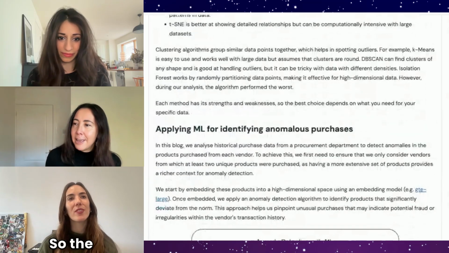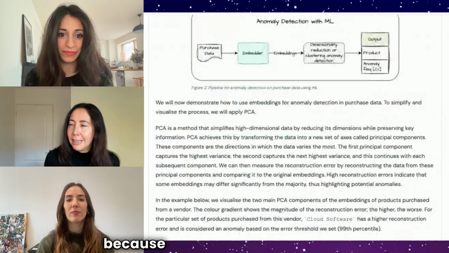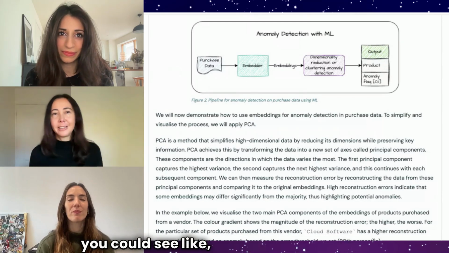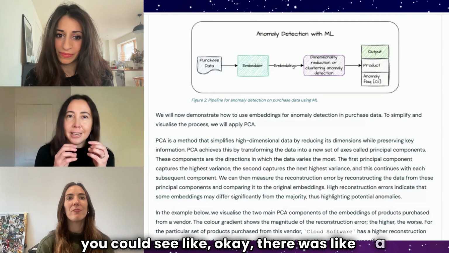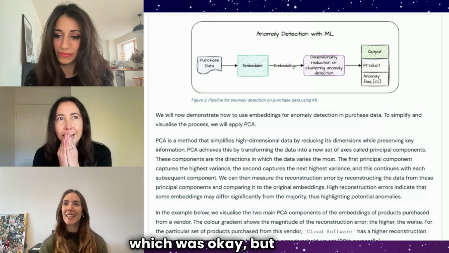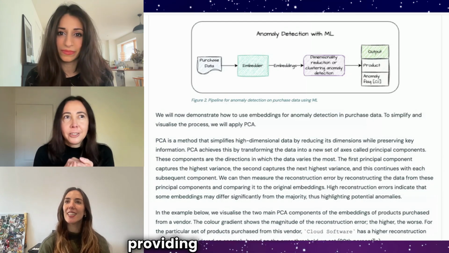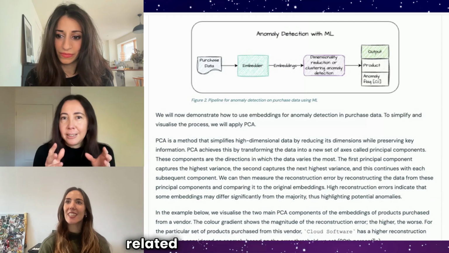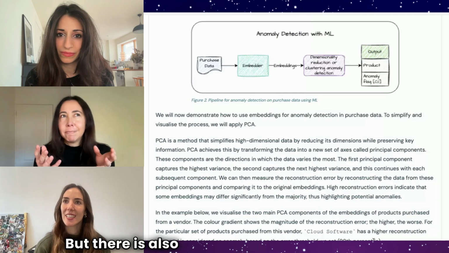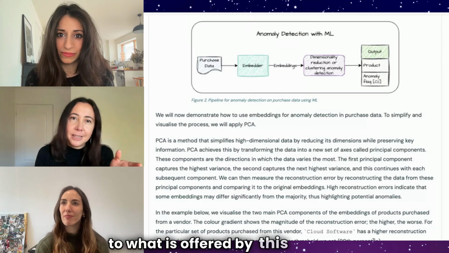Yes. The LLM gave us a really interesting flavor. With anomaly detection, there was a first step of detection, which was okay, but it was missing some context. For instance, maybe a vendor provides a set of products related to a particular area, but there are also delivery charges associated with what the vendor offers.